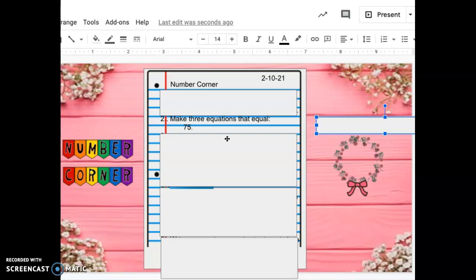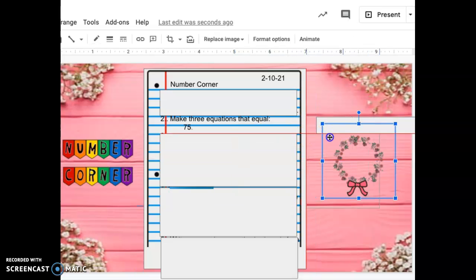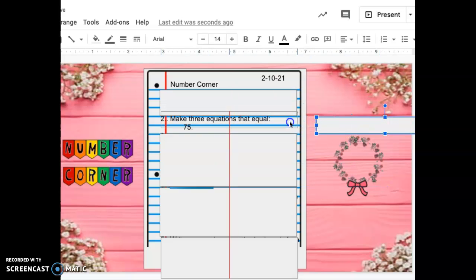So again, you are writing 3 challenging equations that equal 75. All right, press pause if you need more time for number 2.